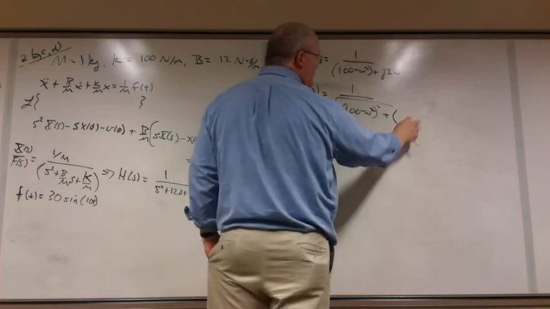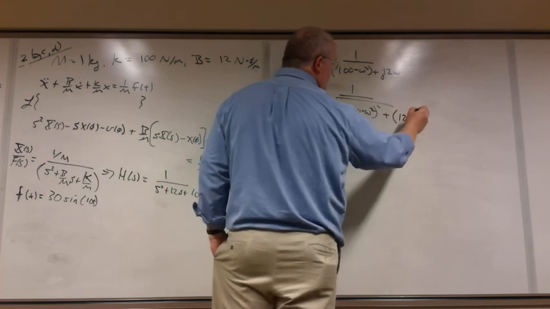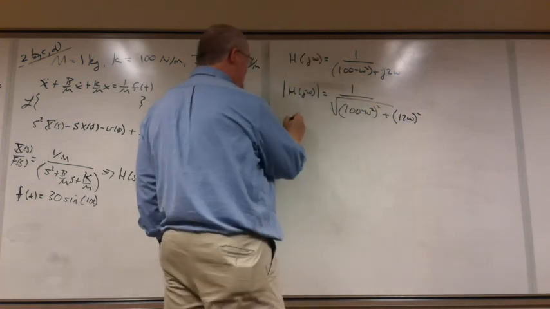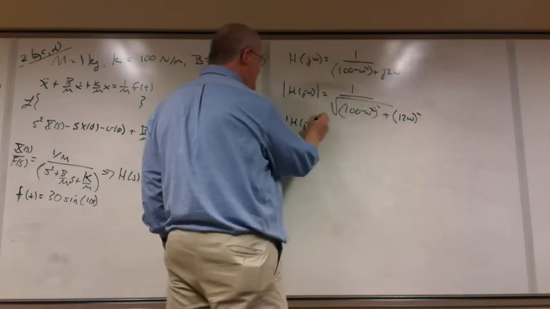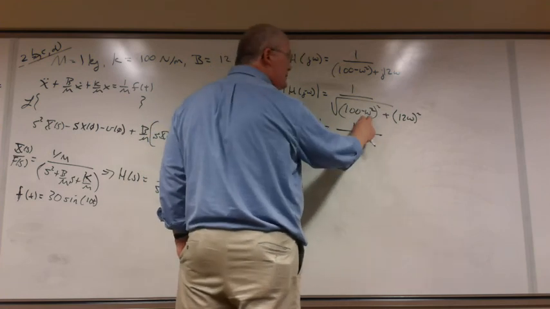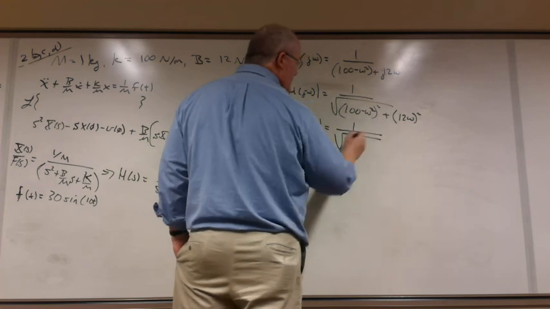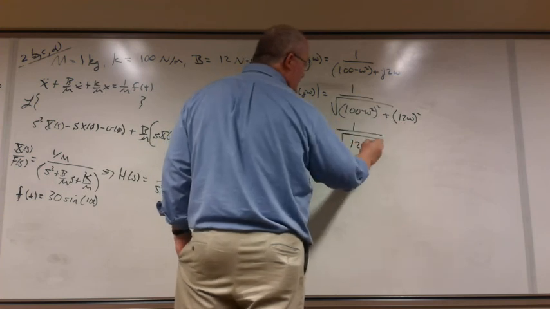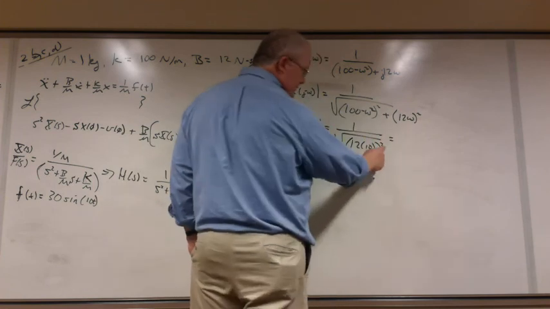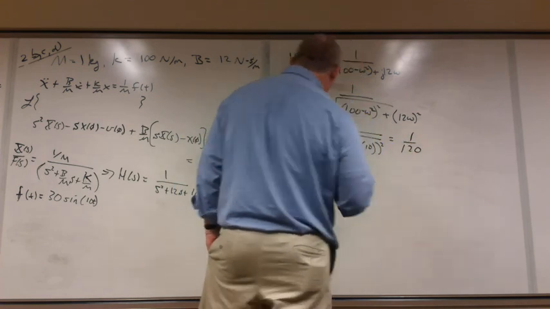It's plus the imaginary part. The imaginary part is 12 omega, squared. And so magnitude h of j10 is going to be equal to 1 over, it does happen to be 100 minus omega squared goes to 0, so now we have the square root of 12 times 10 squared, the squared term goes away, 1 over 120.